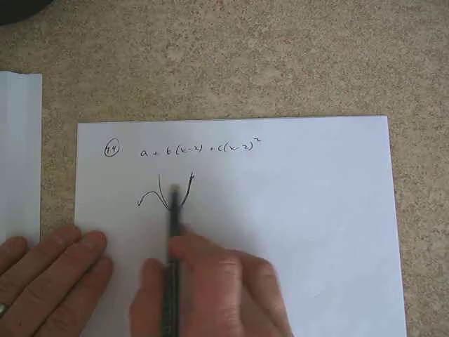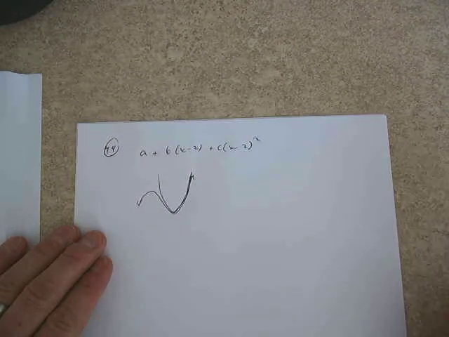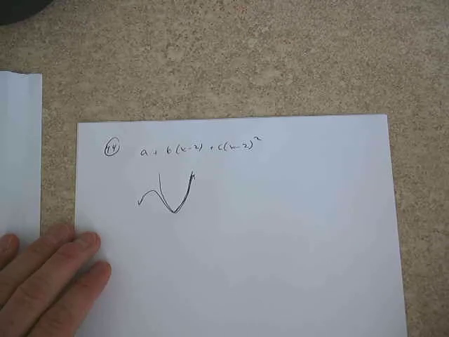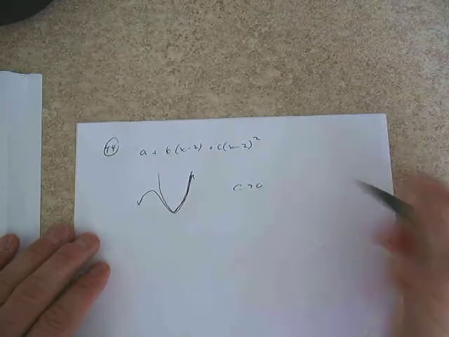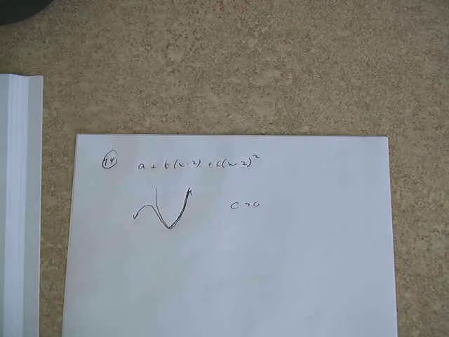Remember, this is an equation for this parabola essentially that I drew here. So what would have to be said about C? It would have to be greater than 0. It opens up, doesn't it? So that means C would have to be greater than 0. Ultimately, that rules out B and C.